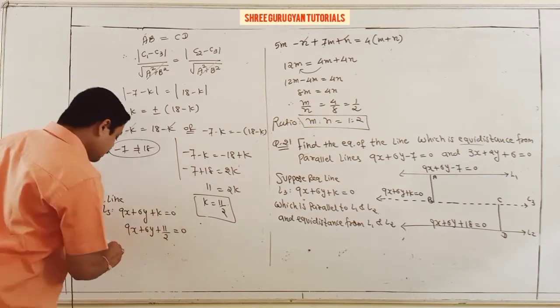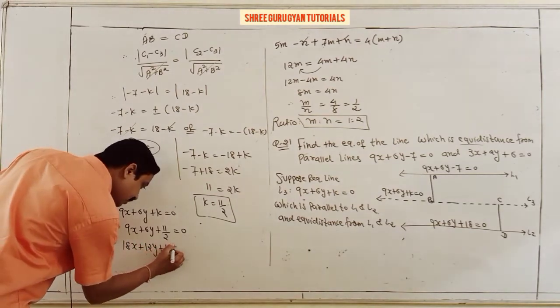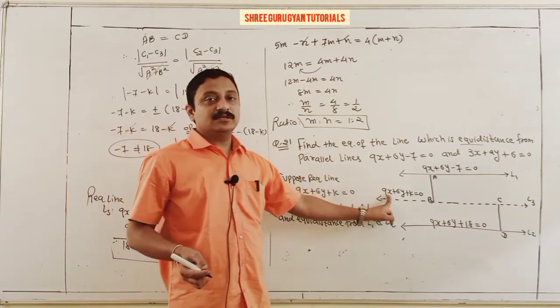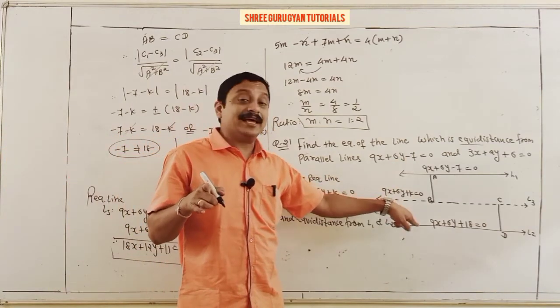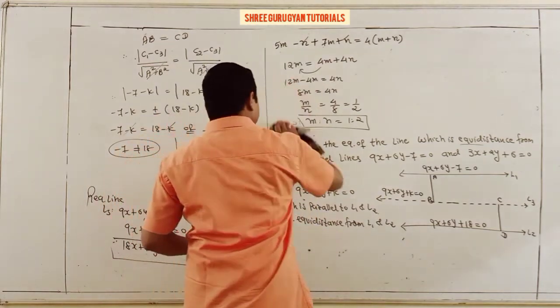Now solving: 9 times 2 is 18x, 6 times 2 is 12y plus 11 is equal to 0. And here students, that's your final answer, which is parallel to L1 and L2. Yes students, now I continue to the next question after 21.